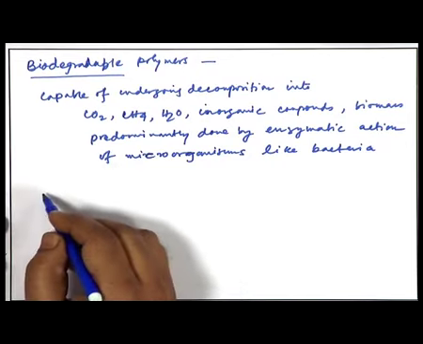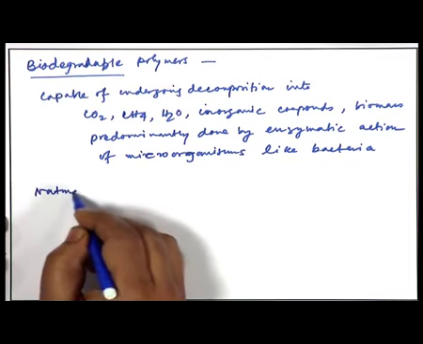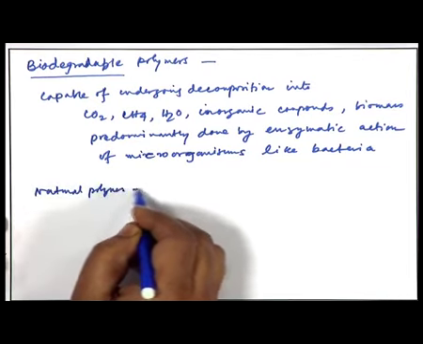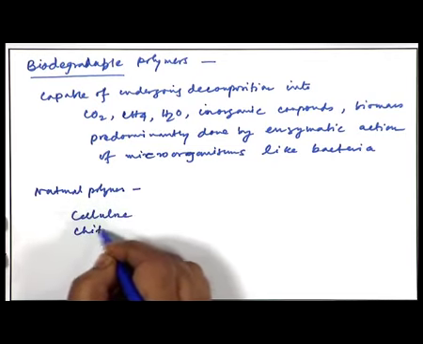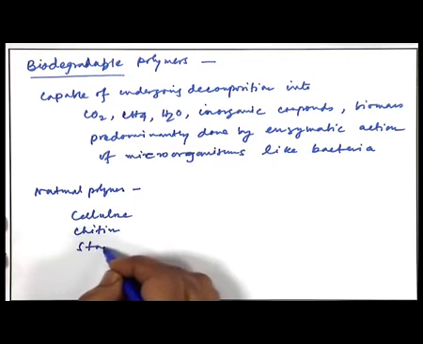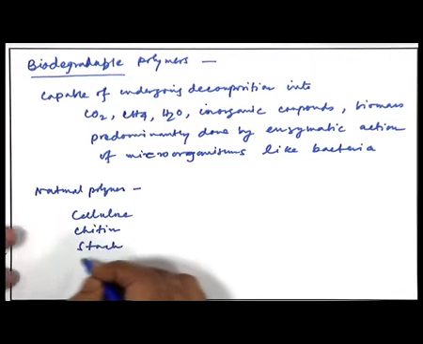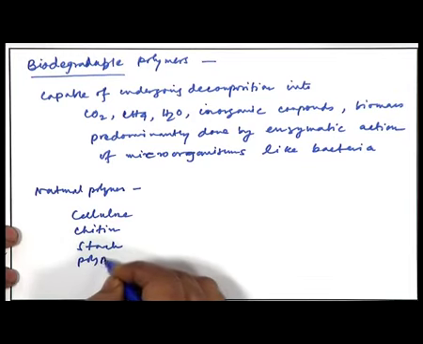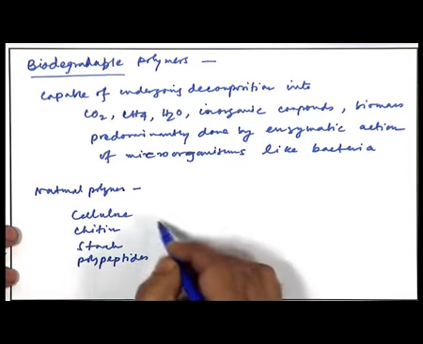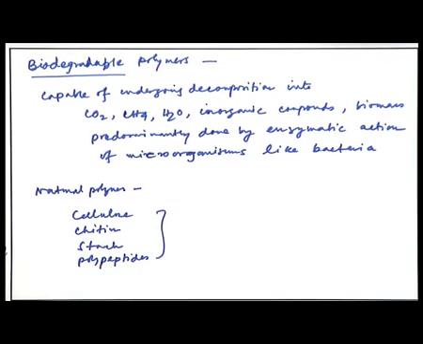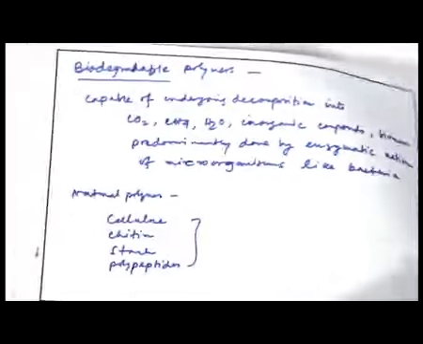Most of the natural polymers like cellulose, chitin, starch, proteins or polypeptides are all biodegradable enzymatically. So it is not a problem if you make polymers from these natural polymers, they will be biodegradable on their own.